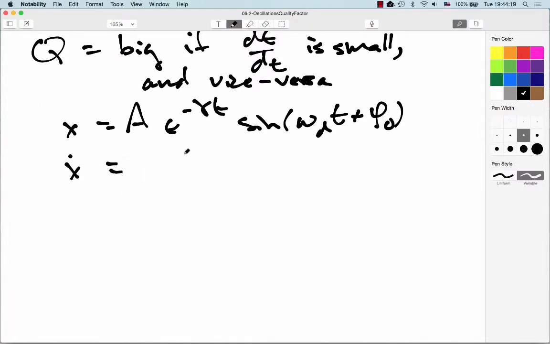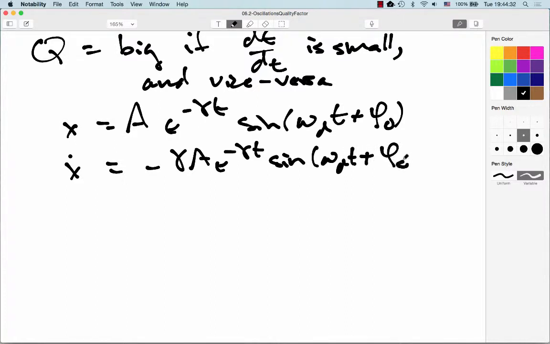x dot will be, okay, we'll do the first term, we'll get a minus gamma A e to the minus gamma t times the sine of stuff, omega d t plus phi naught, and then we have to take the derivative of the sine.